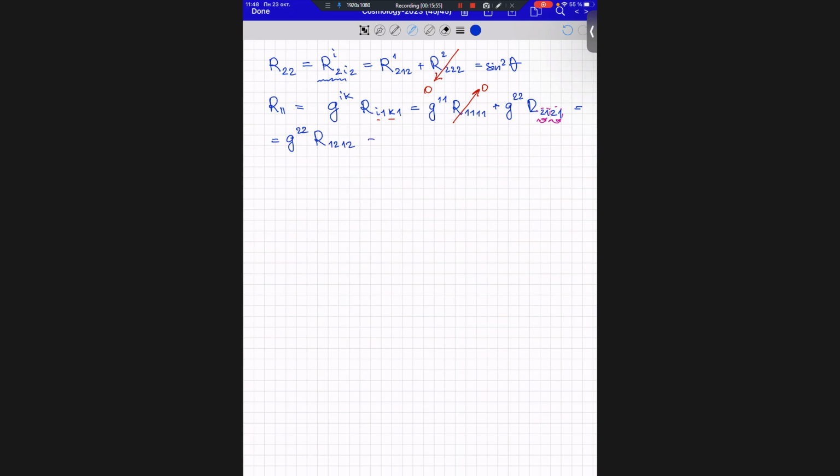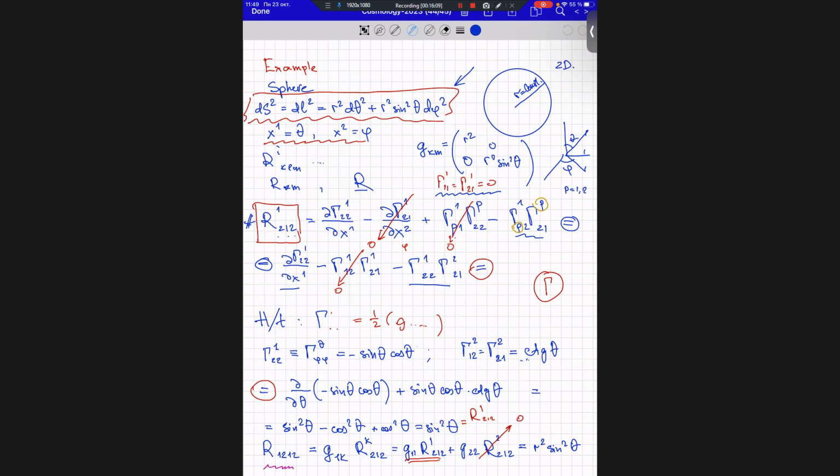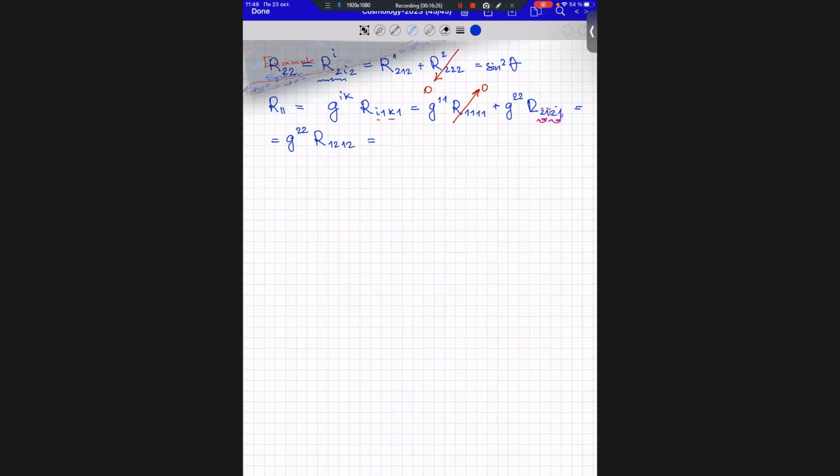Now I remember: what is the contravariant component of the metric tensor g^22? The covariant one is this, and the contravariant one, as we know, because the product of the two metric tensors, contravariant and covariant, is the unit tensor, g^22 equals 1 divided by r squared sine squared theta.